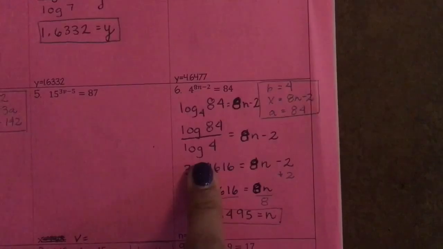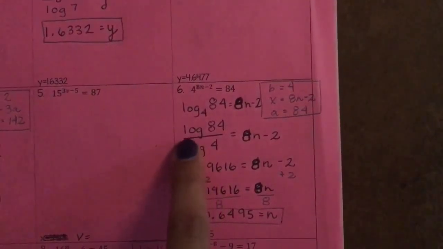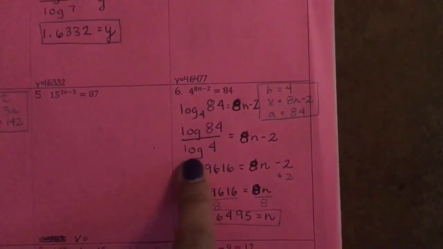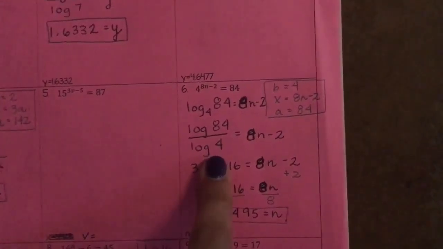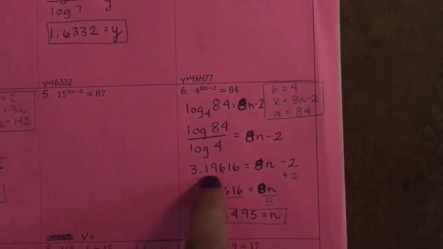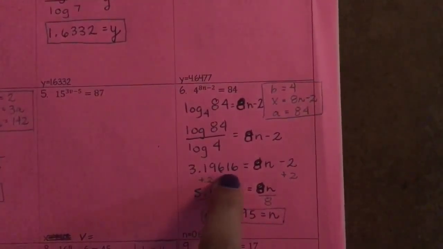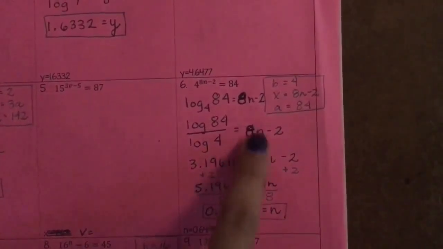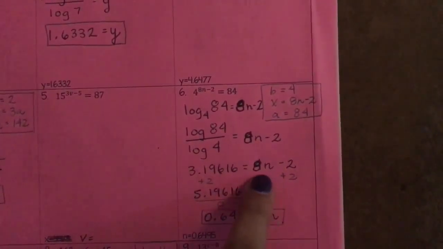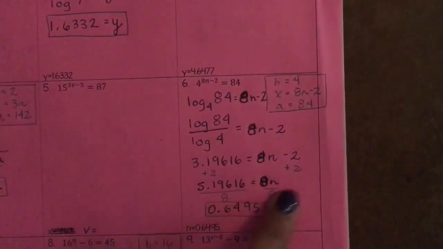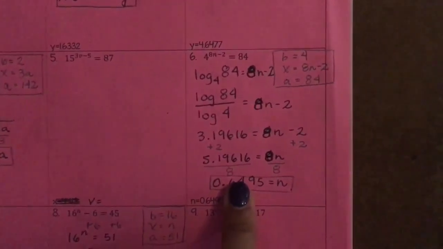By rewriting using the change of base formula, we get log of 84 divided by log of 4. And entering that in our calculator will give us 3.19616. We bring down the same expression as before, 8n minus 2. Now we can solve algebraically for n.